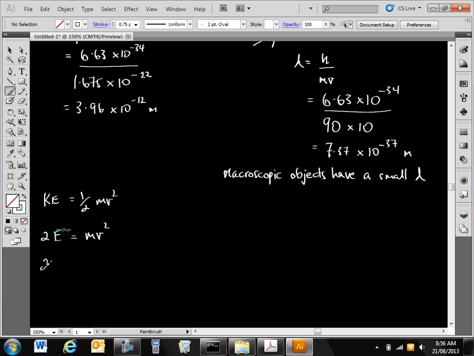Multiply both sides by m. 2mE equals m squared v squared. The square root of 2mE equals momentum, mv.